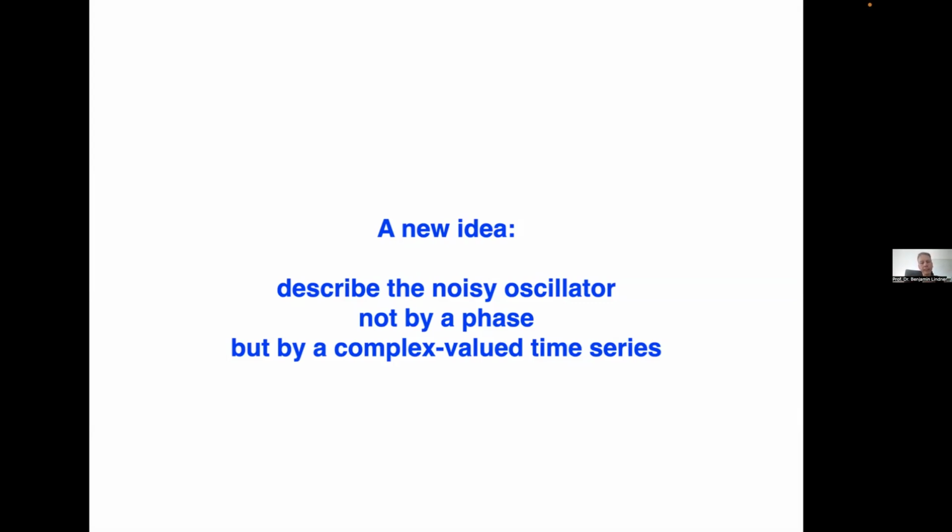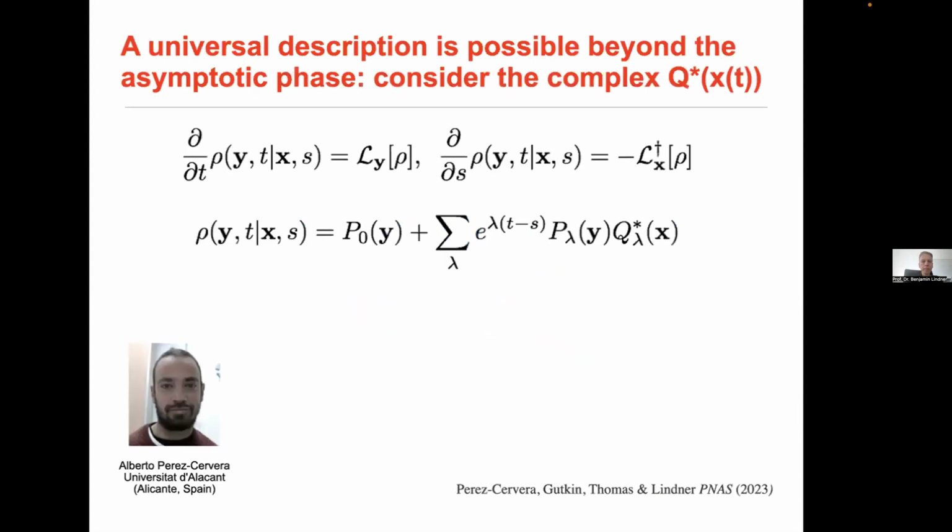And we had a new idea more recently, about 2 years ago, to describe a noisy oscillator not by a phase, by one real value, but rather perform a mapping to a complex pointer. So instead of mapping to the complex argument of the Q lambda function, what if we take the Q lambda function itself?